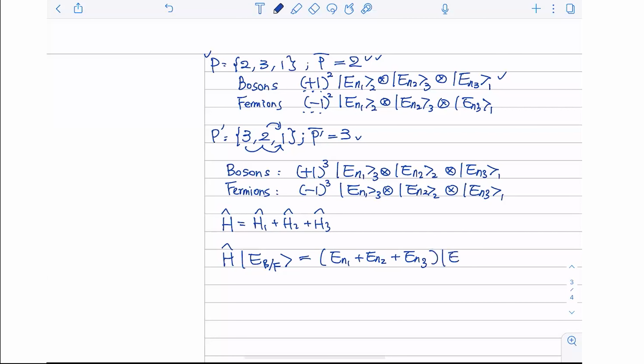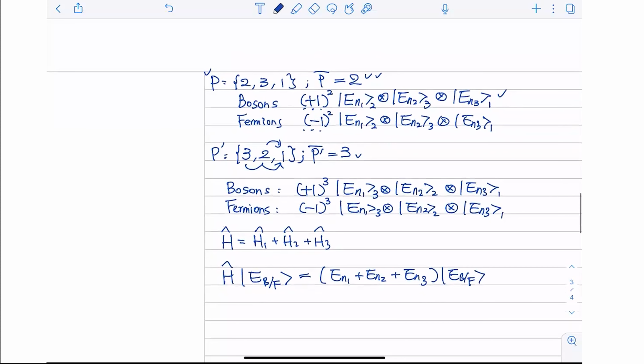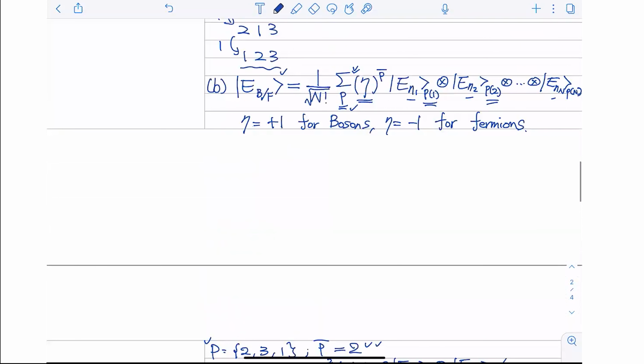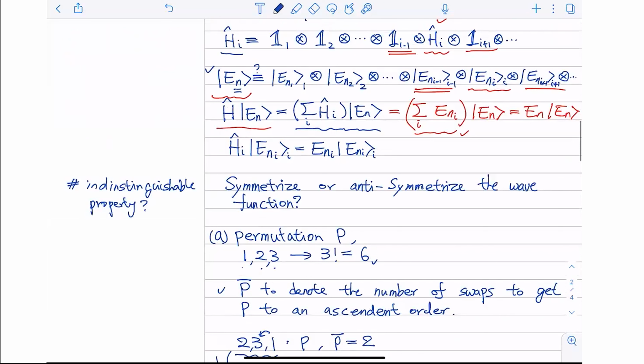The reason is that when you apply the Hamiltonian on the ket, each Hilbert space is not disturbing the other Hilbert space. So eventually what you will get is the sum over the 3 eigenstates, N1, N2, and N3. Every term will have the same energy. So that's why we still have the correct eigenenergy behavior that we want.